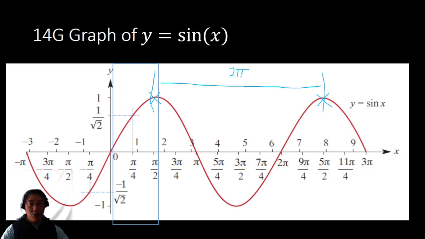And that is the length, the wavelength, or the period. It's the same from 0 to 2 pi. Now the mean value is when y equals 0, so that's your mean value, that's your x-axis. And to go all the way to 1, that's your amplitude.